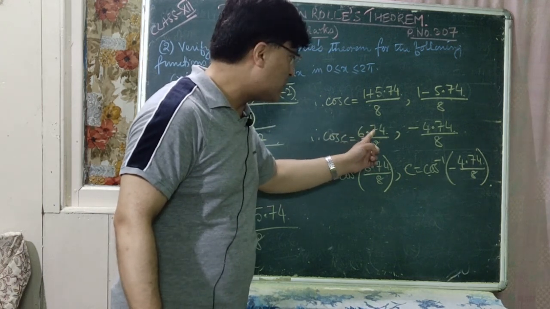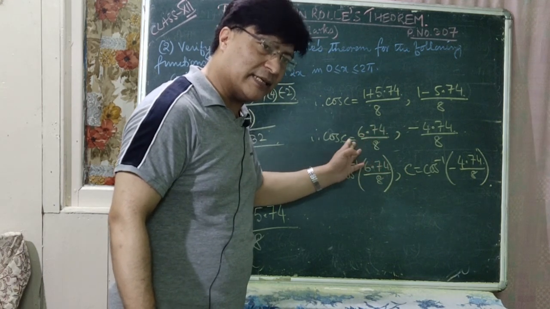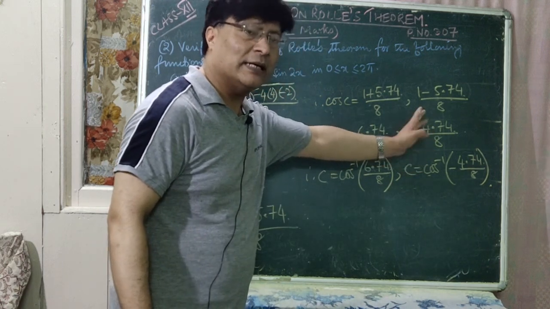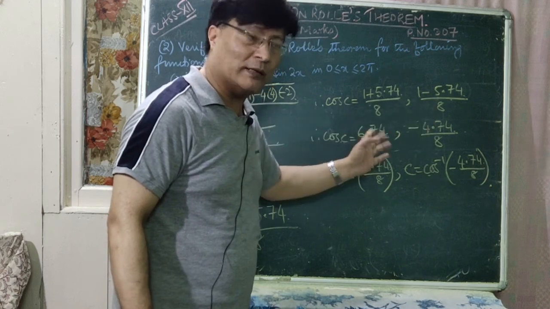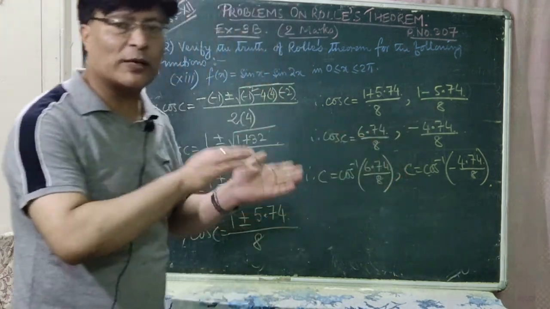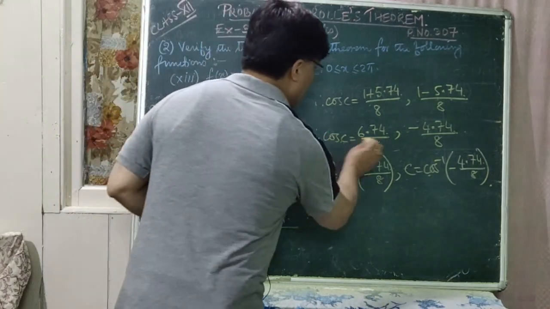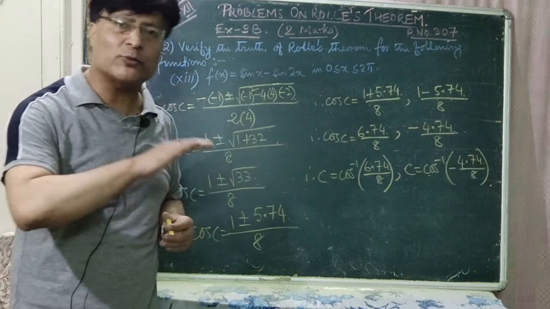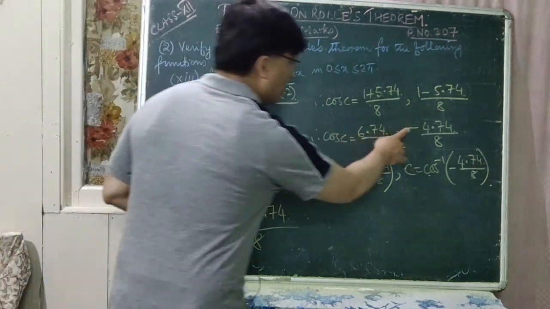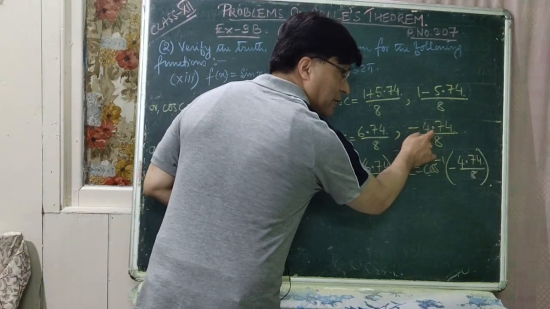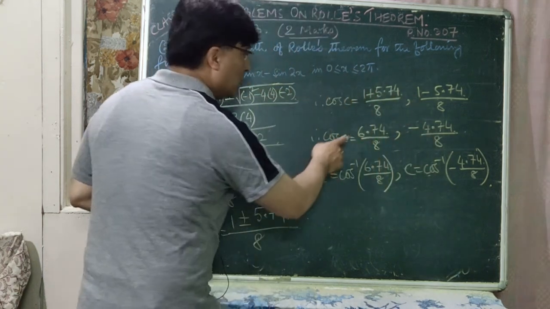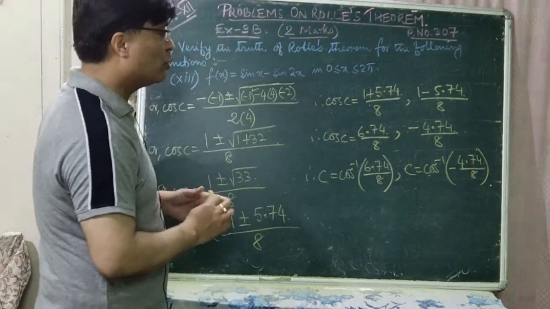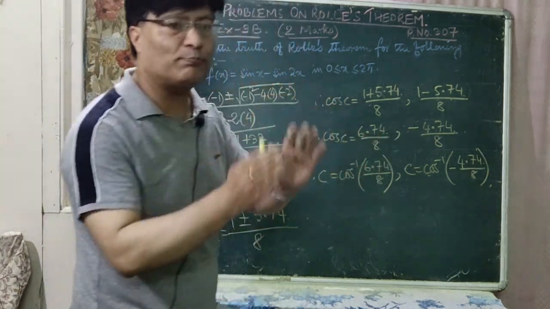Because 6.74 by 8 is less than 1 but greater than -1, and minus 4.74 divided by 8 is greater than -1 but less than 1, both these values lie within -1 to +1. So cos C may have these values.